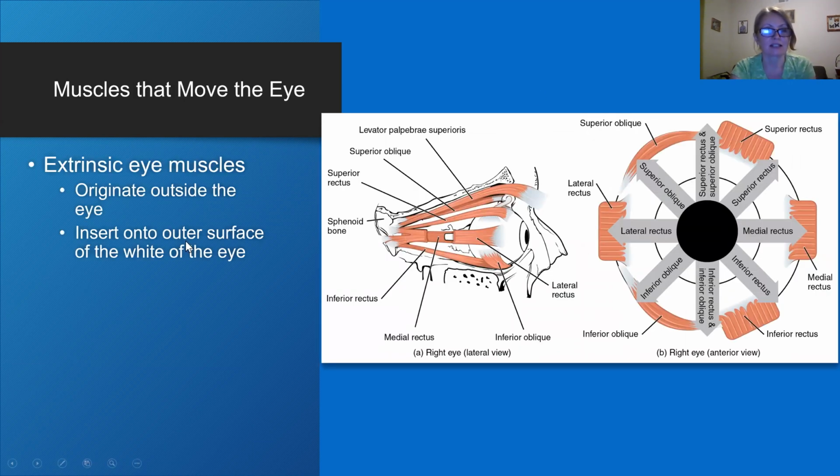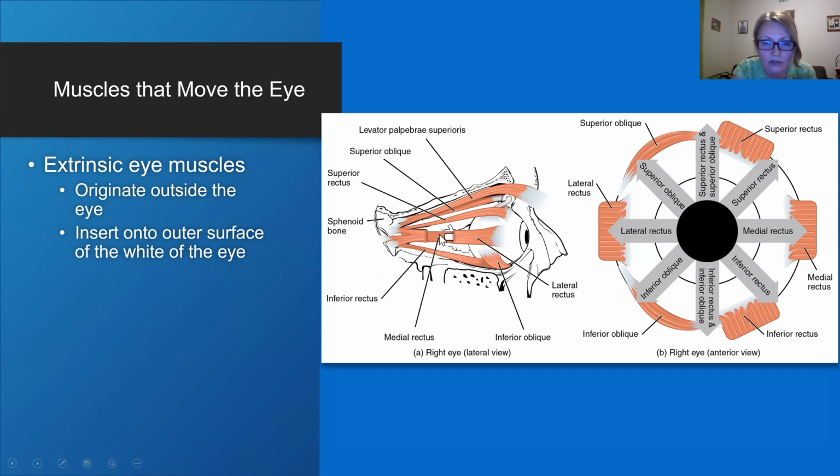Extrinsic eye muscles. Those are muscles that move your eyeballs, and their insertion will be the sclera, or the white part of the eye. And we have a really good number of them, right? We have four rectus muscles: superior rectus, inferior rectus, medial rectus, and lateral rectus.